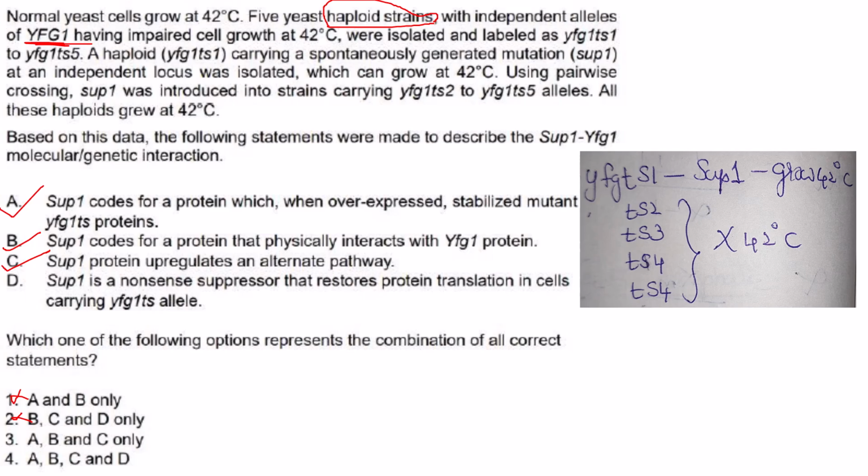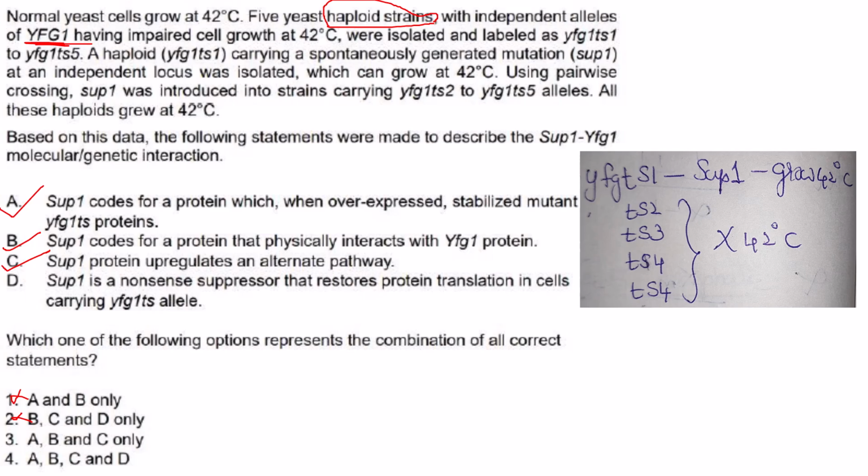So here they have shown it is temperature sensitive mutation, or they are showing the temperature sensitive phenotype. So YFG1 need not be a nonsense mutation. It could be any mutation other than nonsense mutation, like it can be frame shift or it can be missense, or any other, but not nonsense mutation.